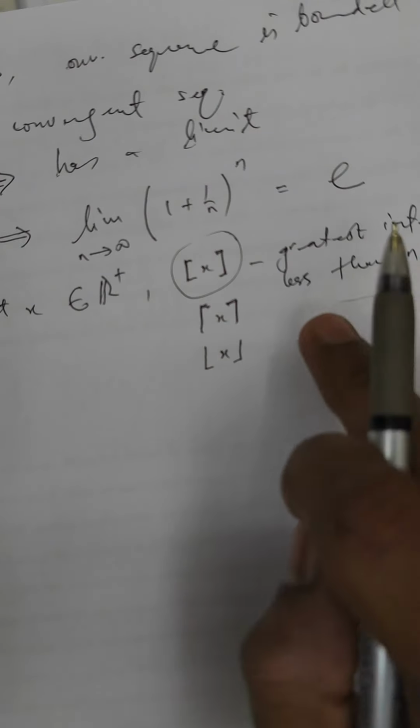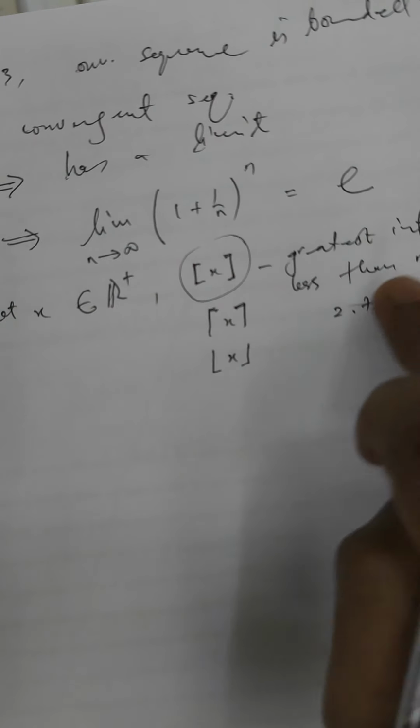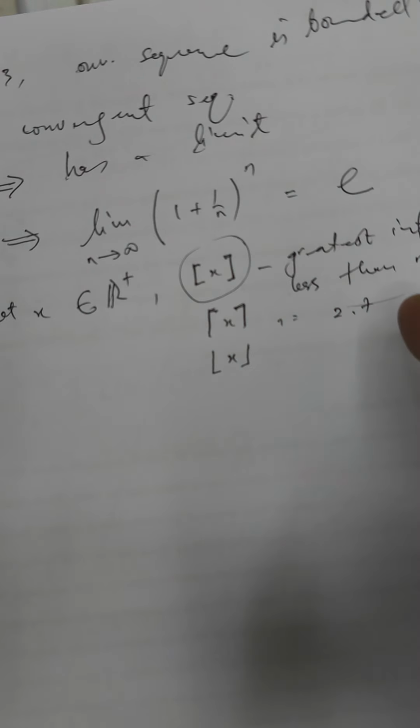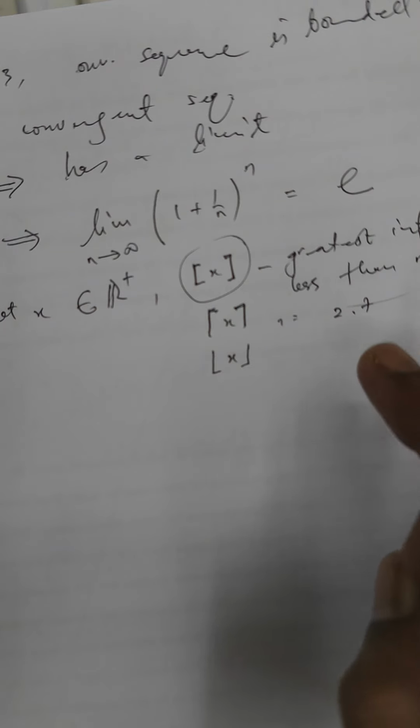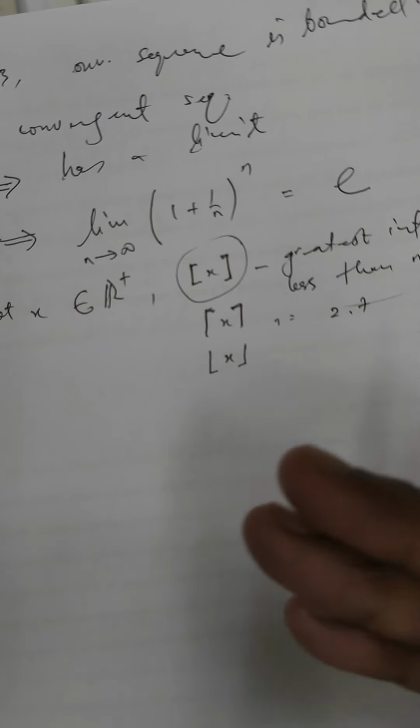What does it mean? It means that if you have 2.7, for example, the greatest integer less than it is equal to what? 2, right? So it should be 2.